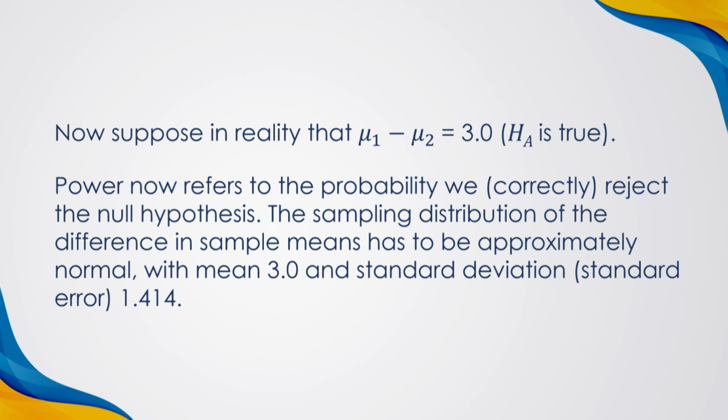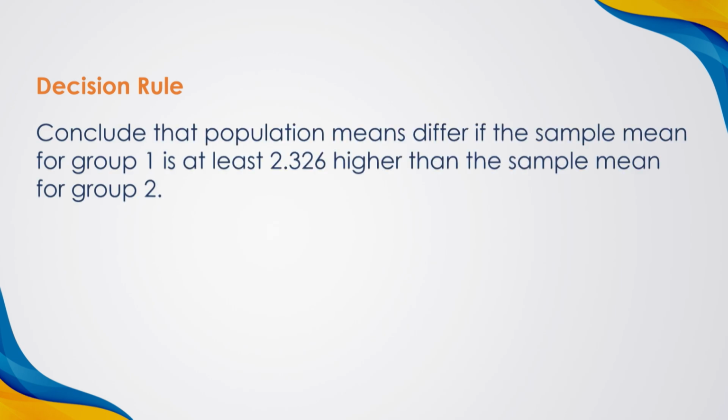The sampling distribution of the difference in sample means is approximately normal with mean 3.0 and standard deviation, also called standard error, of 1.414. Now, the decision rule: we conclude that subpopulation means differ if the sample mean for group 1 is at least 2.326 higher than the sample mean for group 2.